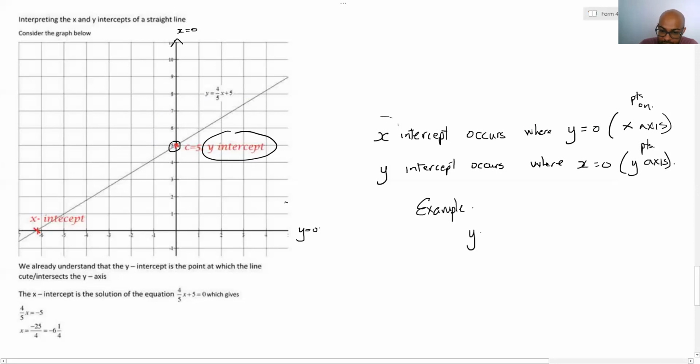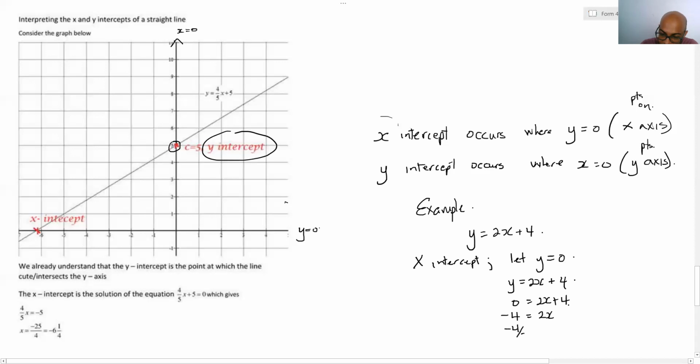If we have y is equal to 2x plus 4, and I want my x-intercept, I let y be equal to 0, right? So if this is the equation here and I'm trying to find my x-intercept, I set y to be 0, and then I find out what value x will be when y is equal to 0 by solving for x.